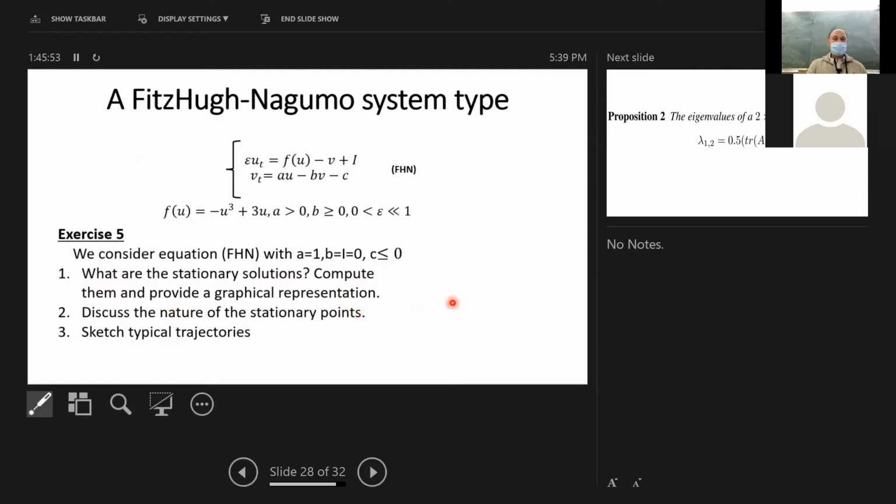So the nature of the stationary point, what I expect is that you try to characterize, is it a sink, is it a source, is it a node, is it a focus, and is it stable or not? And then sketch or draw typical trajectories. So I let you with this exercise.